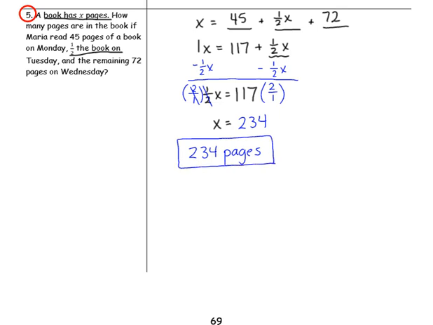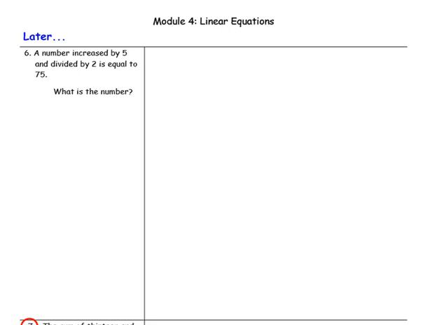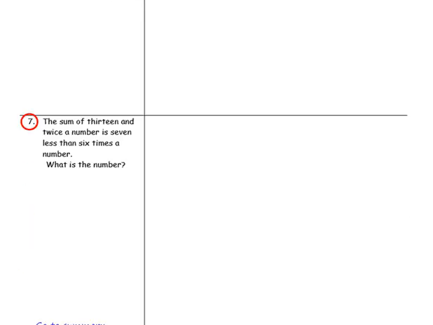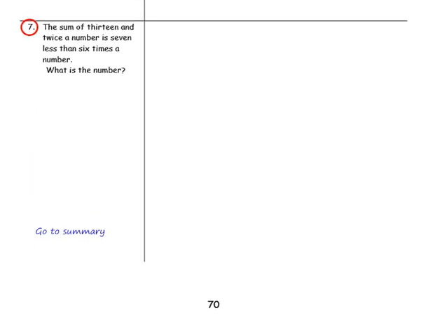We'll continue with number 7. Number 7, the sum. Sum means to add. The sum of 13 and twice a number. And separates the two things you are adding. So we're going to be adding 13 and twice a number.